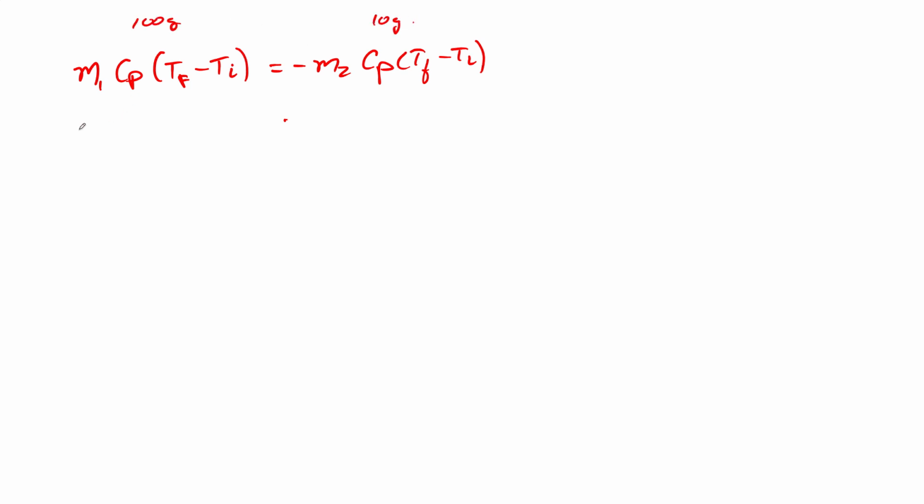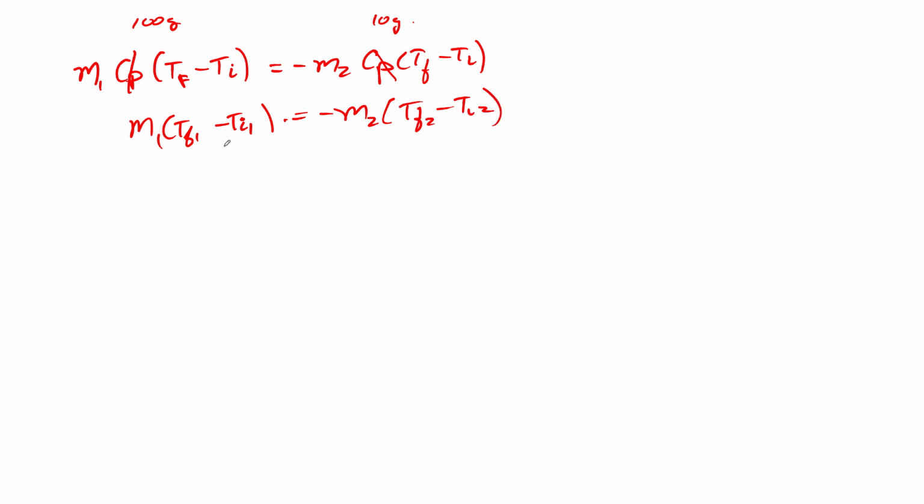But one thing to remember is Cp is the same number, so this actually cancels. So I have M1 times the final temperature of 1 minus the initial temperature of 1, equal to minus M2 times T final of 2 minus Ti of 2.